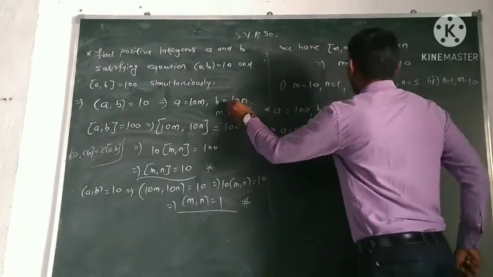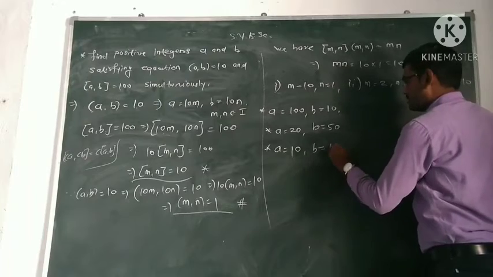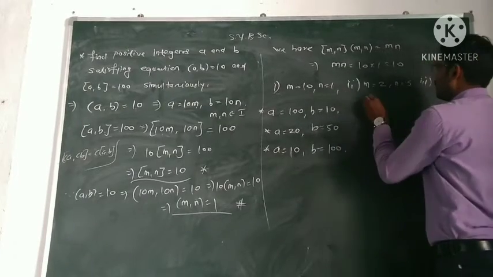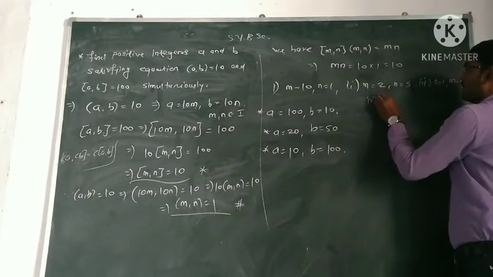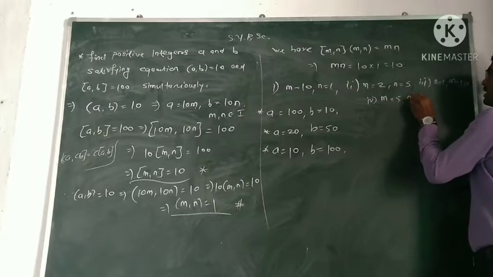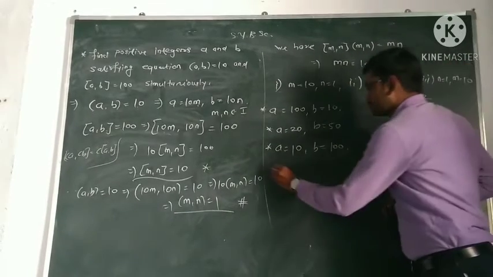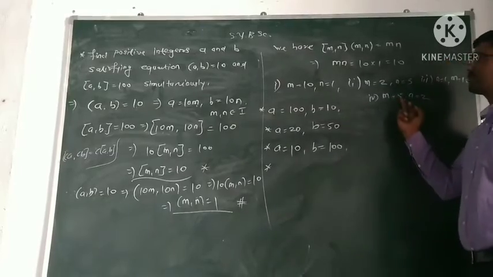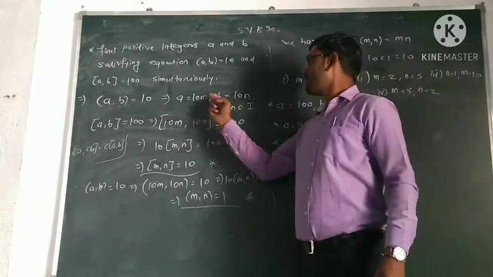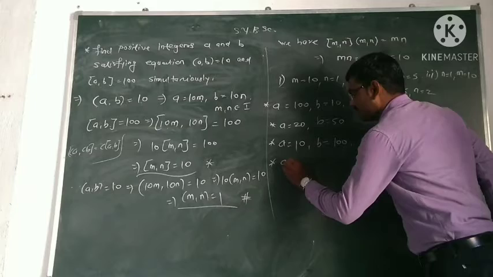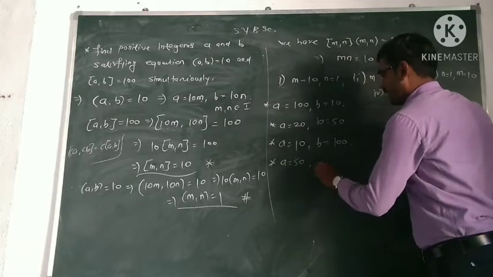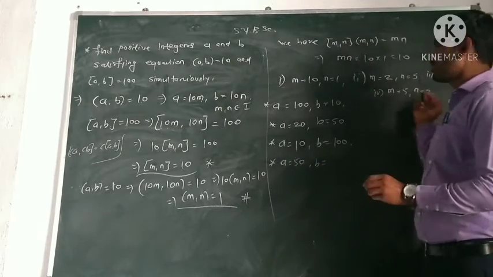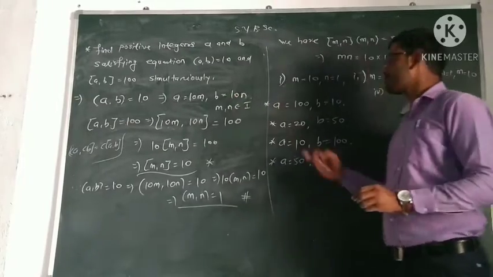Using the condition N is equal to 1, A is equal to 10 into 1, 10, and B is equal to 10 into 10, 100. We can also have the possibility M is equal to 5 and N is equal to 2. Put M is equal to 5, so 10 times 5 is 50. So A is equal to 50 and B, N is equal to 2, so 10 times 2 is 20.